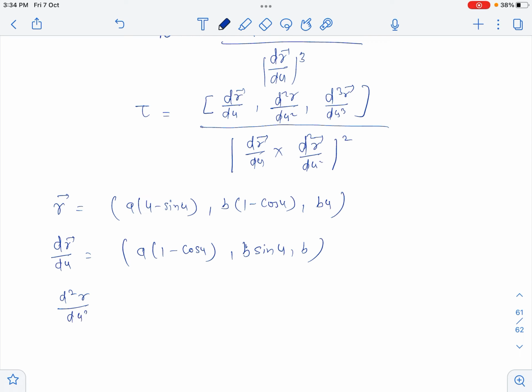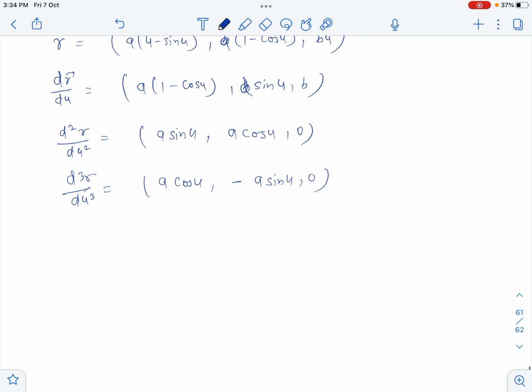d²r/du² is equal to a sin u, a cos u, and 0. d³r/du³ is equal to a cos u, minus a sin u, and 0.